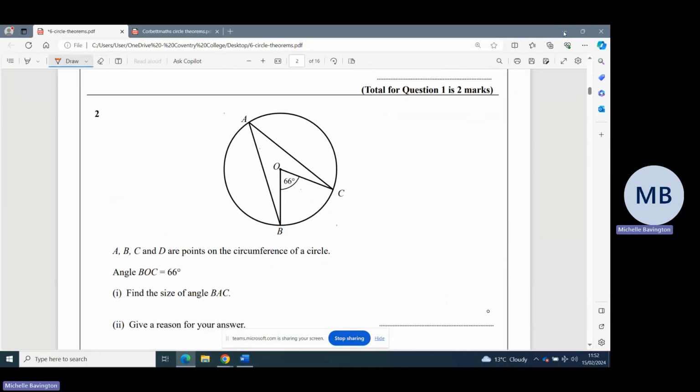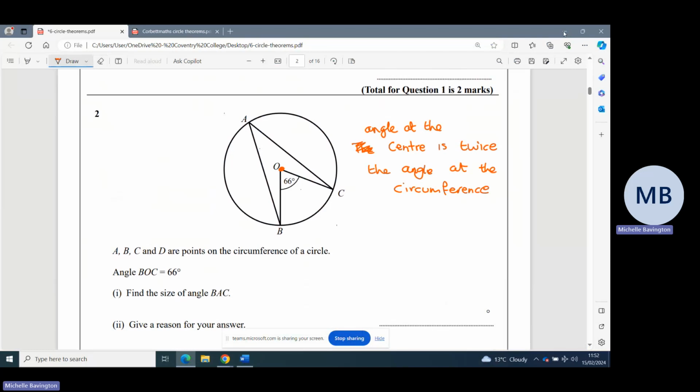Right, okay. This one, the angle at the center is twice the angle at the circumference.